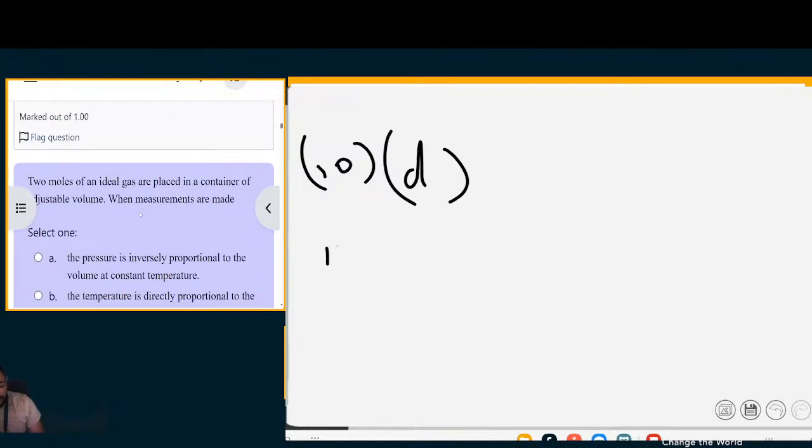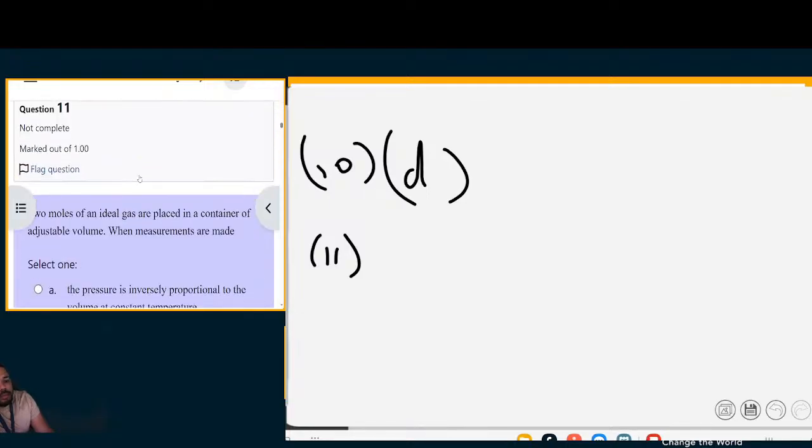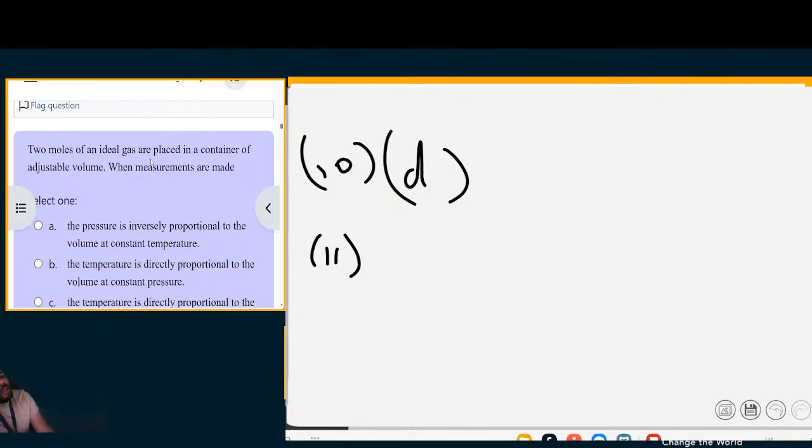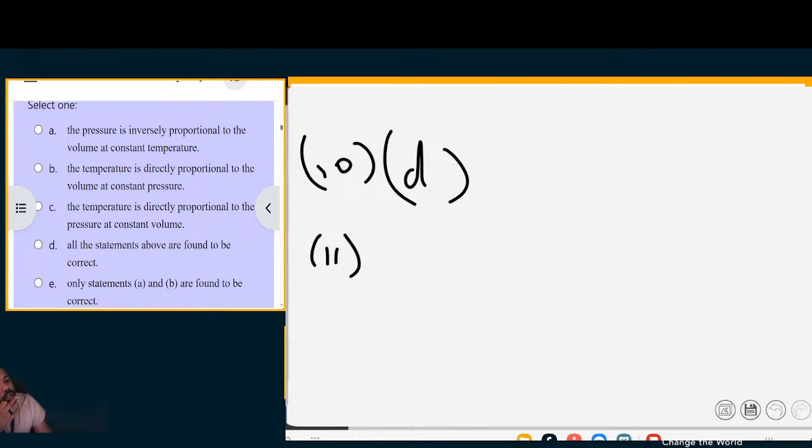11. 2 moles of an ideal gas are placed in a container of adjustable volume. When the measurements are made, the pressure is inversely proportional to the volume. That is Boyle's law. The temperature is directly proportional to the volume at constant pressure.